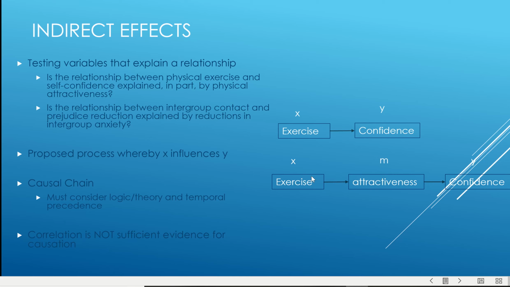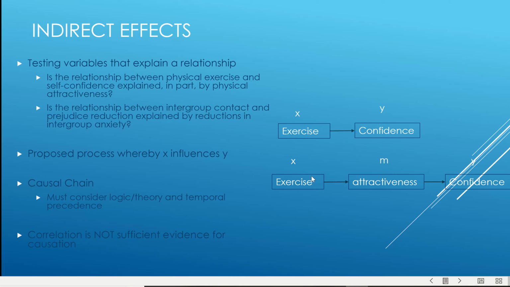So over time, the process unfolds the way that you are claiming, or that you're setting it up to test. Because unfortunately, you could have a really solid statistical mediation model that just doesn't make sense in terms of the logic, in theory, and the temporal precedence of the way the variables are likely to unfold.